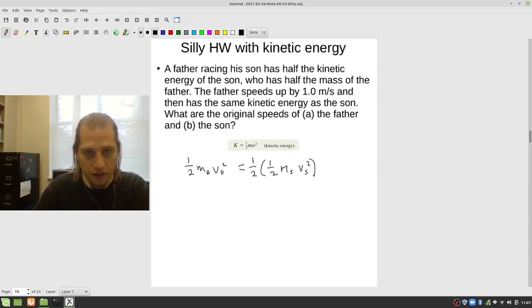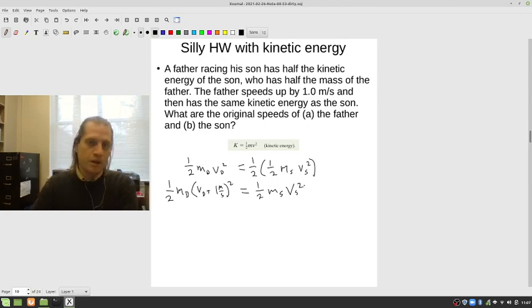Kinetic energy of the dad, kinetic energy of the son. The father speeds up by 1 meter per second and then has the same kinetic energy as the son. So if I go 1/2 m dad, and now I take that original v dad and add 1 meter per second, now, instead of having this 1/2, I am simply going to have the same 1/2 m of the son, speed of the son, squared.